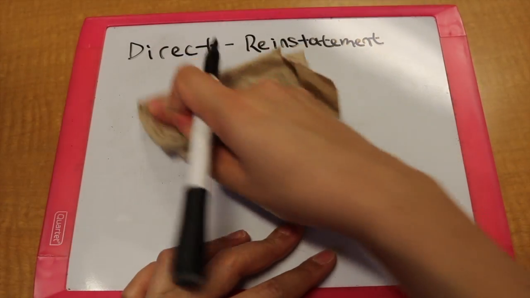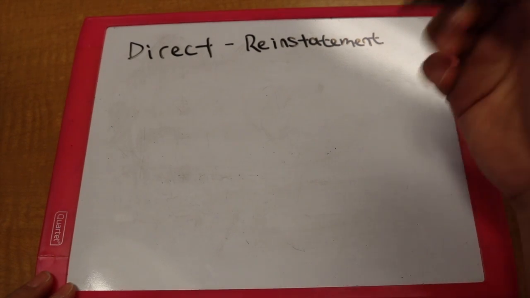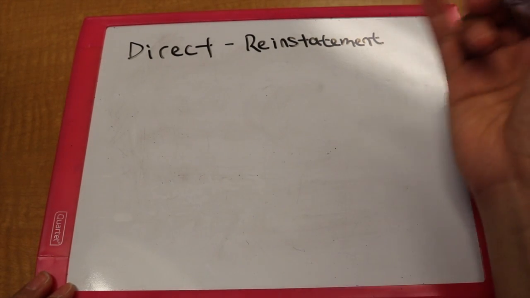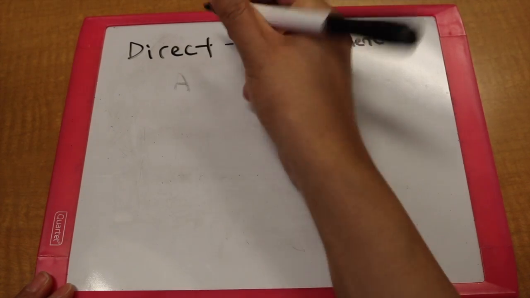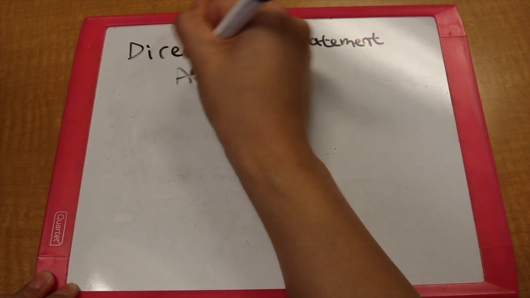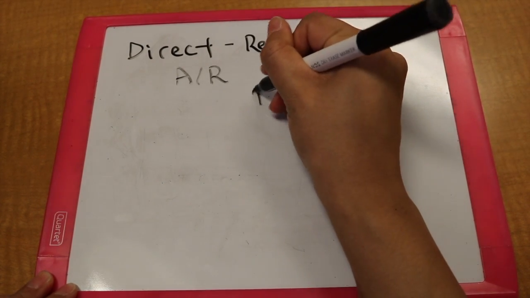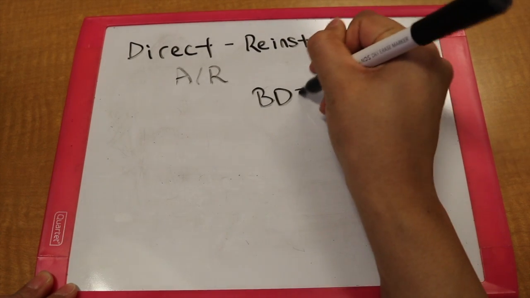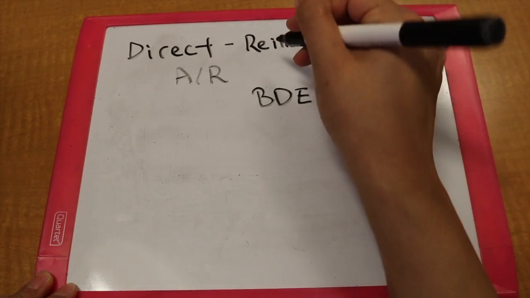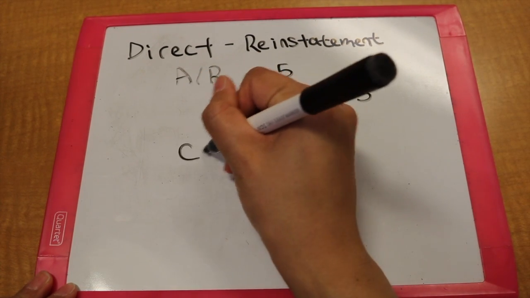However, this would be wrong. What you would have to do is first revive the accounts receivable and then you would show the receipt of cash.